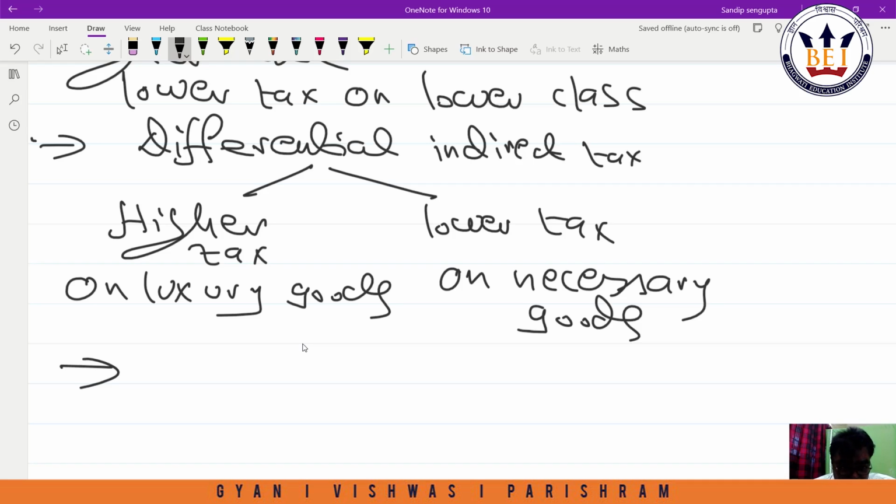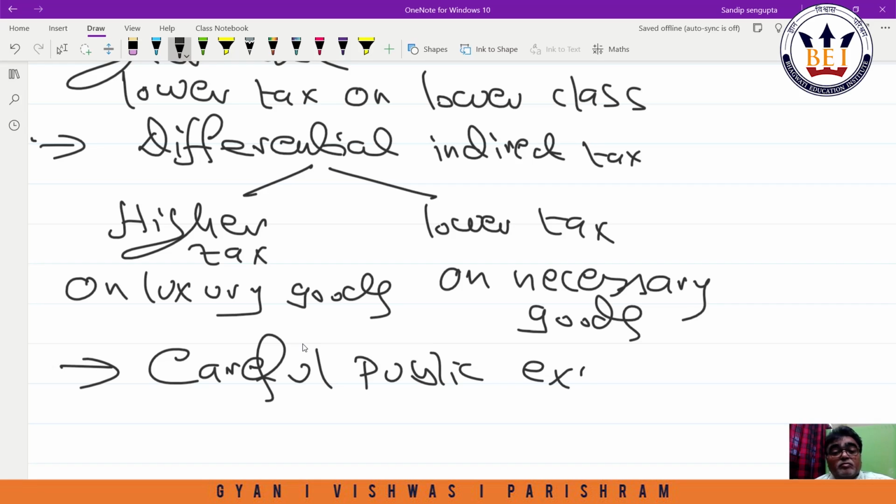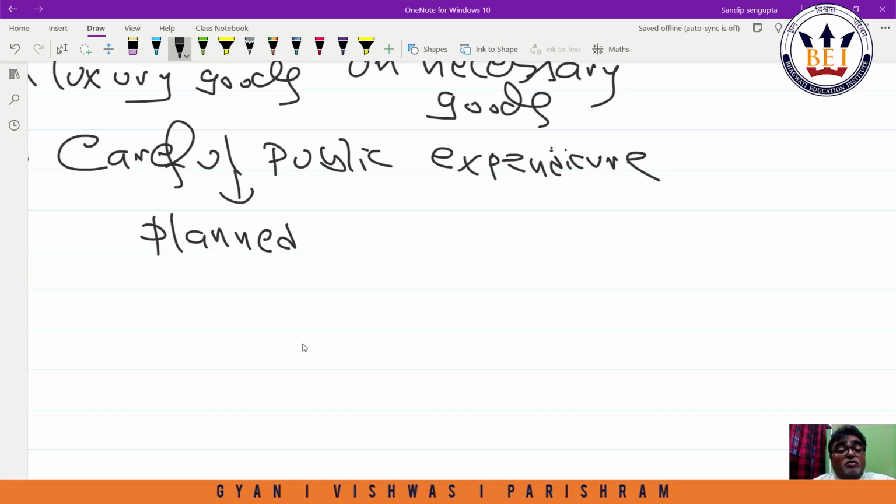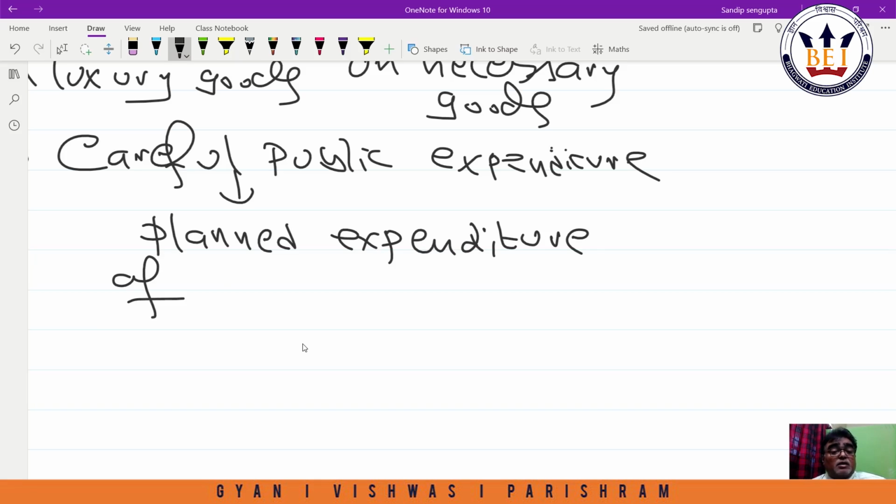Third point, you can give also careful public expenditure. What is careful public expenditure, beta? Means planned expenditure of government, mostly on the private sector.